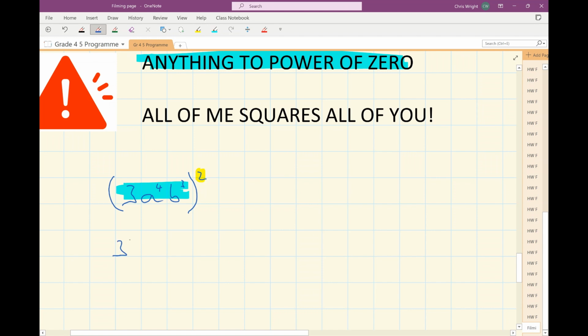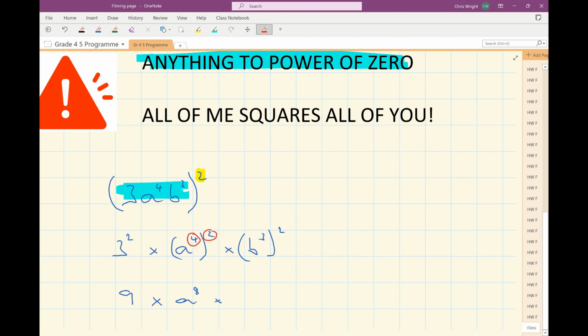So we're going to have 3 squared times a to the power of 4 squared times b cubed squared, which is going to give us, well, 3 squared is 9. A to the power of 4 raised to the power of 2. Remember to multiply those. Gives me a to the power of 8. B cubed to the power of 2 is b to the power of 3 times 2 is 6. So we'd end up with 9, a to the 8, b to the 6.